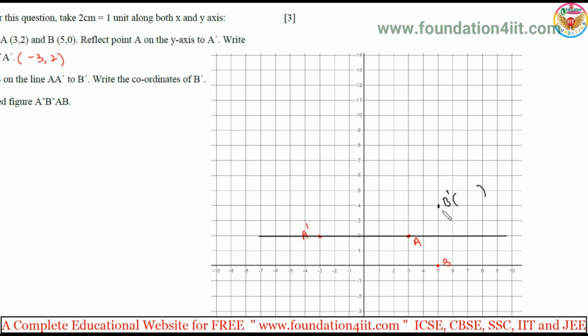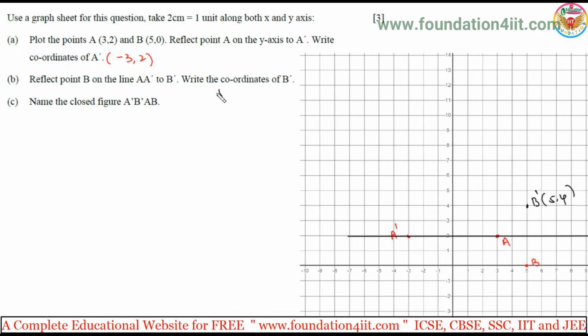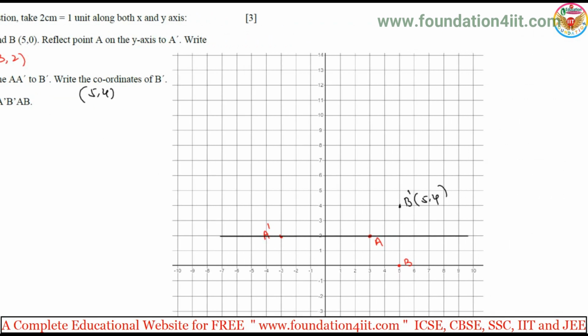This point is 5 comma 4. For this line, the reflection they asked. So write down the coordinates of B dash. So 5 comma 4. Name the closed figure A dash B dash A B. If you join this, A dash B dash A B, let us join this.